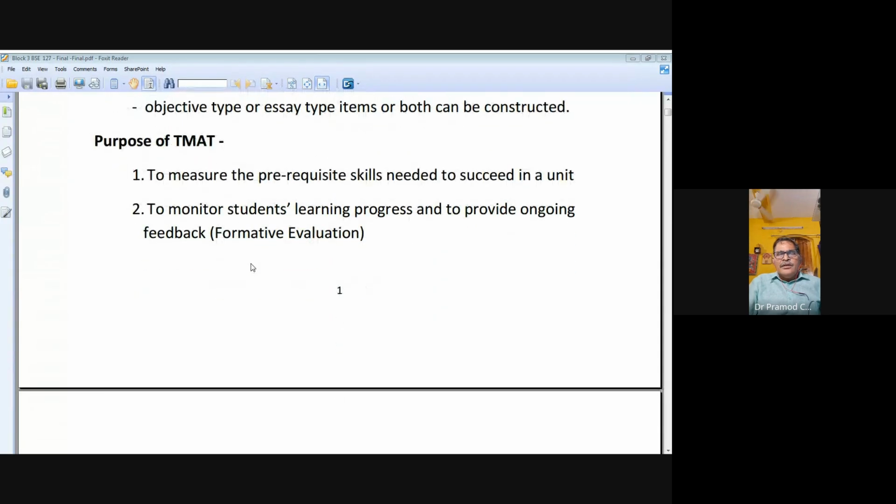But how far is it beneficial for the teacher? These tests measure the prerequisite skills which are essential to succeed in the next unit. Suppose you are not able to learn unit 1, then it is not possible to learn unit 2. And it helps to monitor the students' learning progress also.